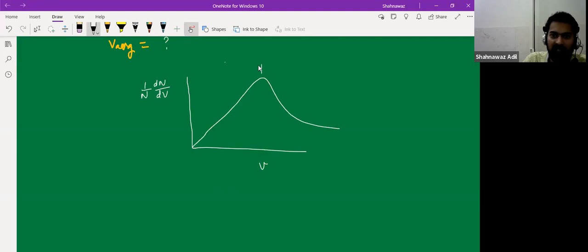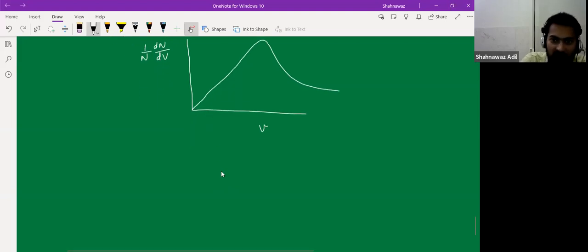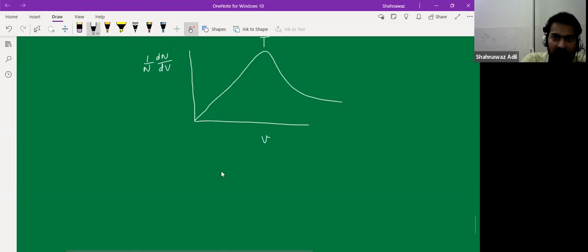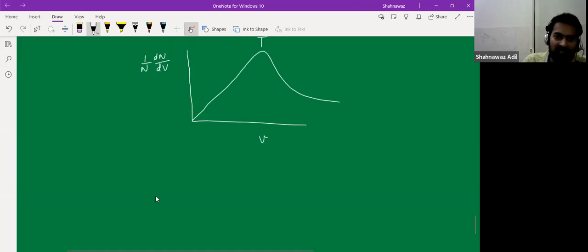Let's say this was at temperature T. When you increase the temperature, what will happen? As you saw, for the RMS, the most probable, or the average velocity, the dependence on temperature goes like this.